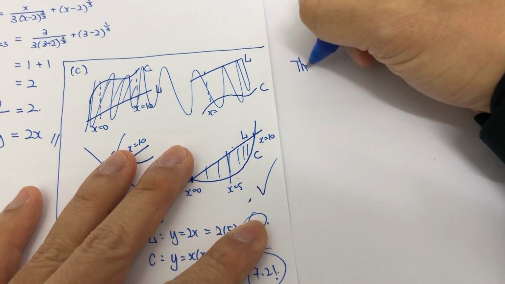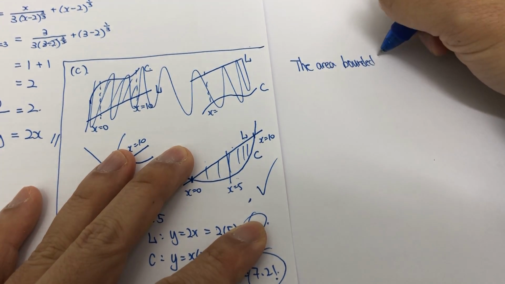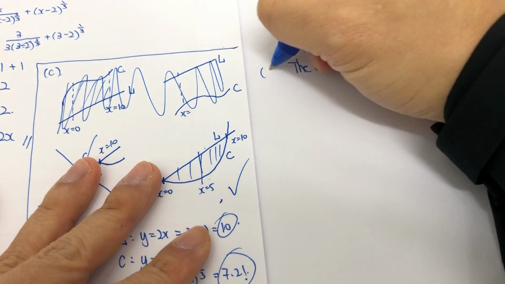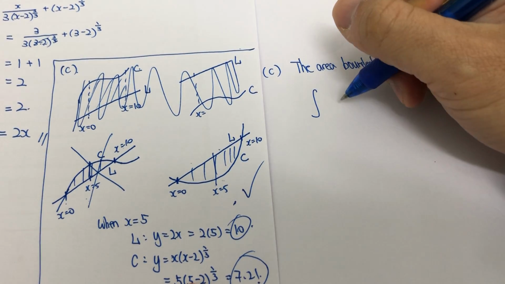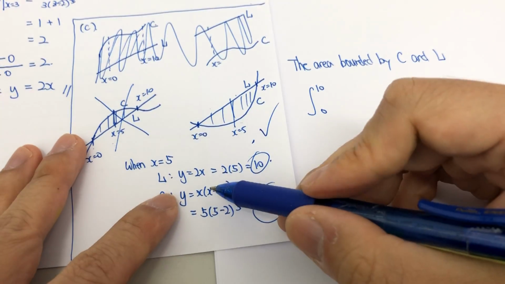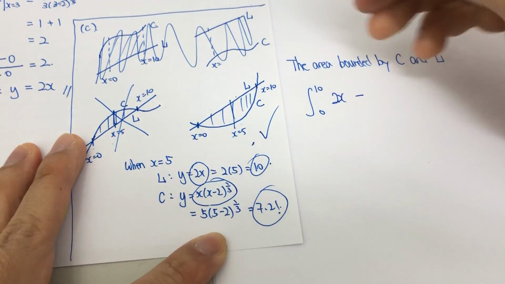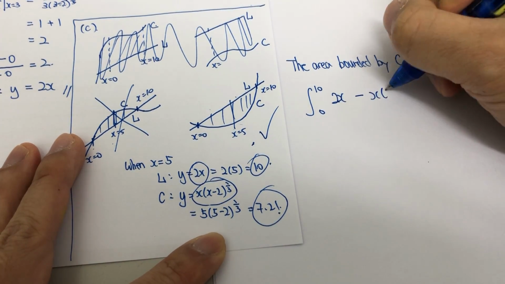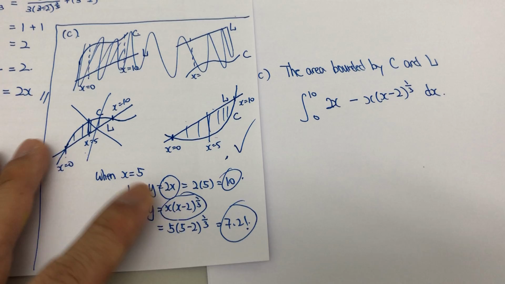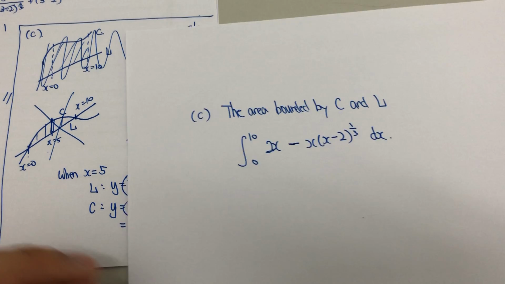The area bounded by C and L, this is part C, should be the integration from 0 to 10 of the line 2x minus the curve x times (x minus 2) to the power of 1 over 3 dx. So this is the way to find the bounded area. Okay?